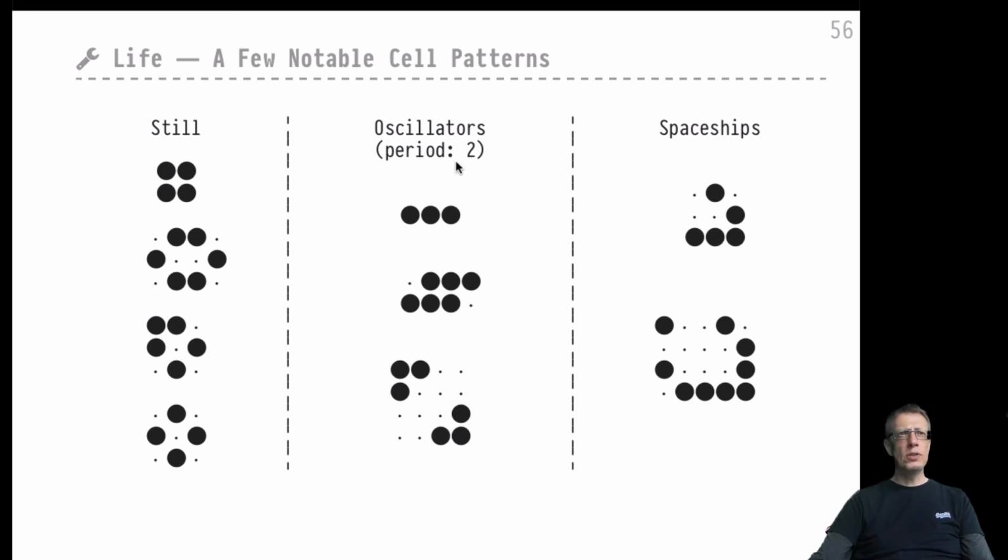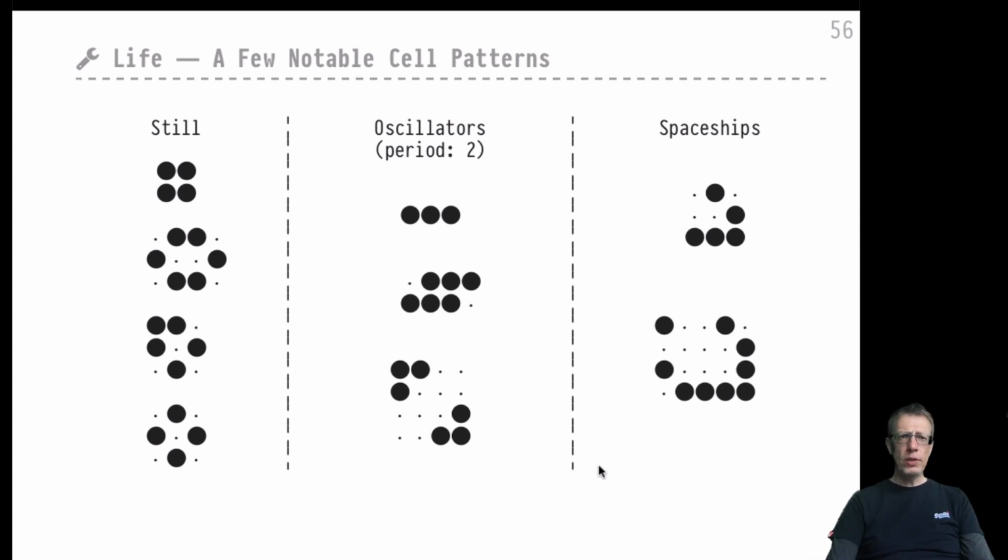There are other, much more complex oscillators which have larger periods. And then there are the spaceships which travel across the grid. I brought an example with me where we can see how these spaceships travel across the grid. They deform, move through the grid, and then at one particular point take their original shape and form again before they move another step through the grid. It's really super interesting to observe.